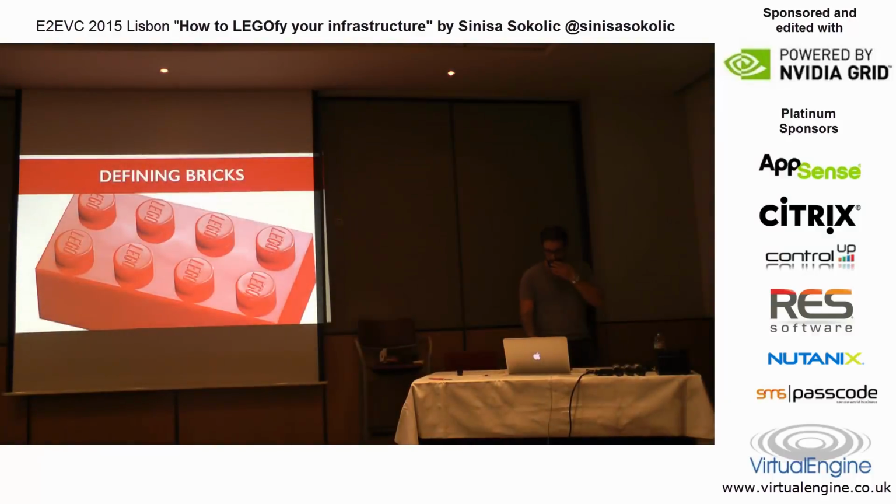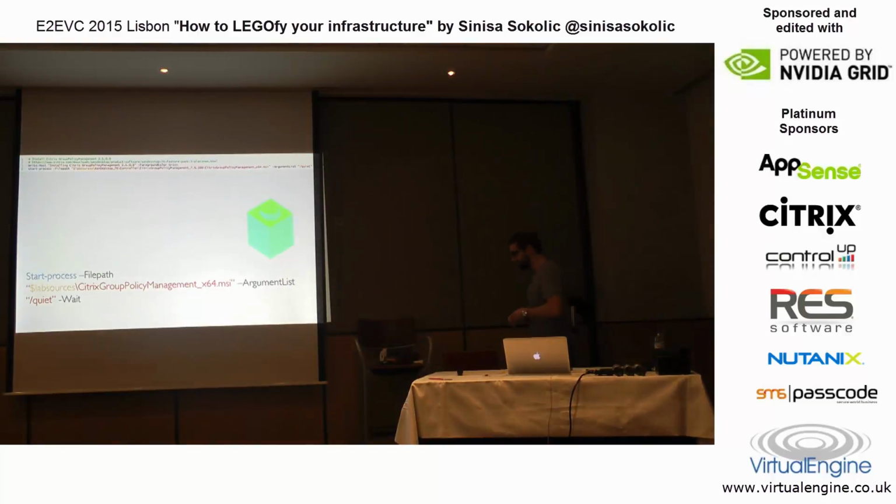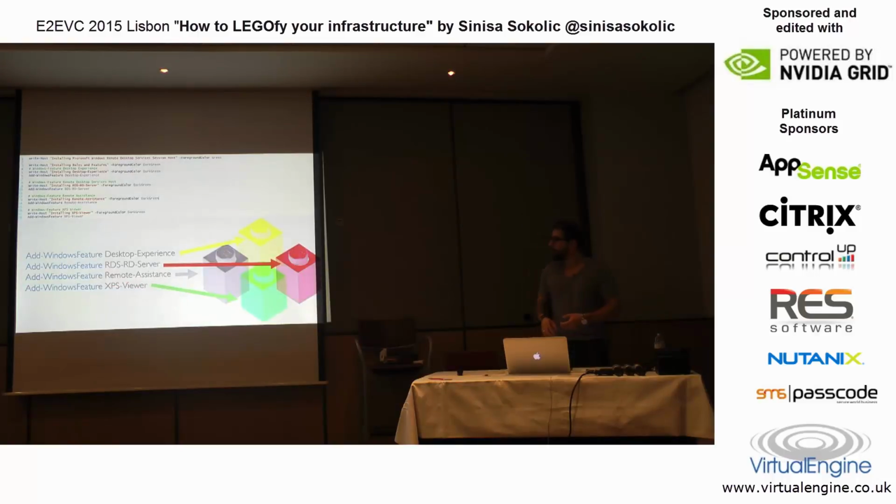So let's look in a very simple way at how we could define bricks. This is a very simple example. I have a PowerShell script up there. You start an MSI with an argument, and that could be one brick. So if you look at your infrastructure components you need, you can create simple bricks that you are able to multiply maybe.